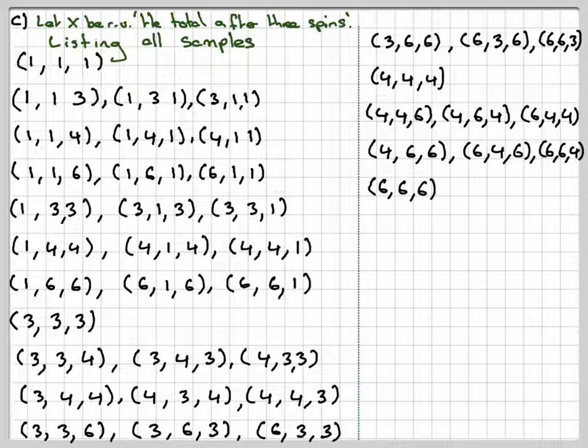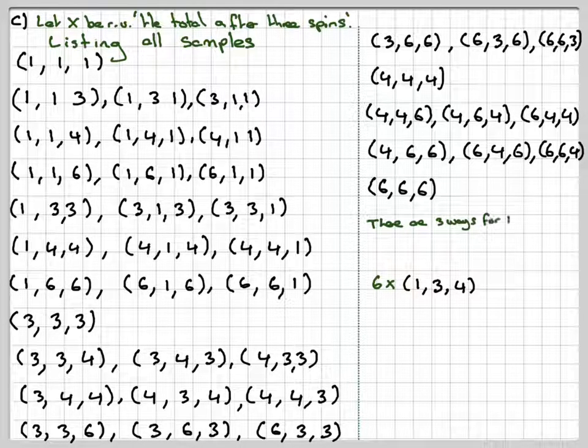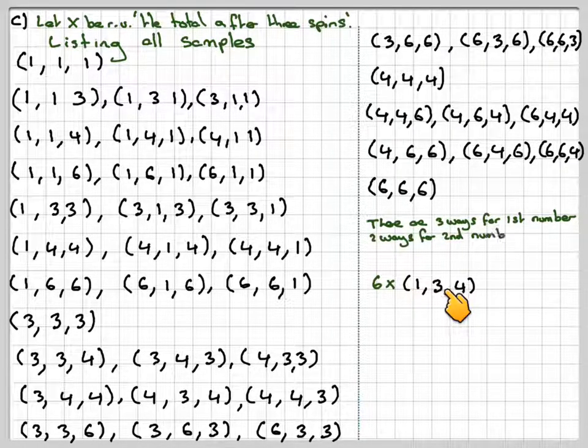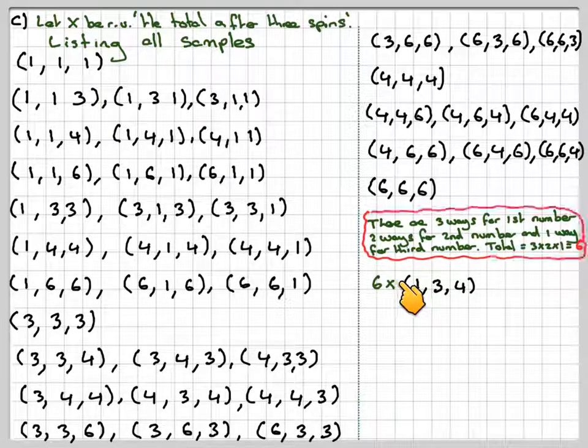And then you have to remember that you might get 3 different numbers. So you can have 1, 3, 4. Now there are 6 different ways that can happen, and I'm not going to list them. The reason why there are 6 ways: there are 3 ways to place the first number, 2 ways to place the next number, then only 1 for the third number. Therefore there's 3 times 2 times 1, 6 ways of arranging those numbers.